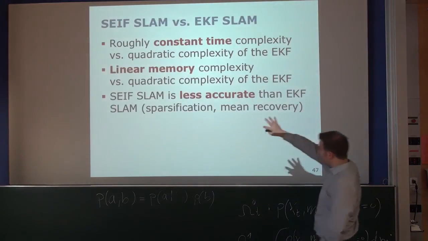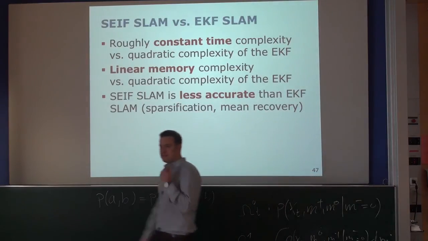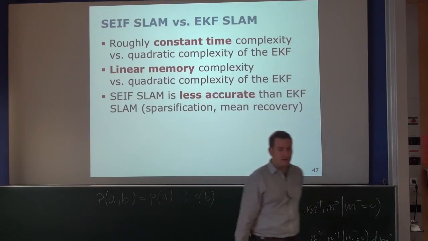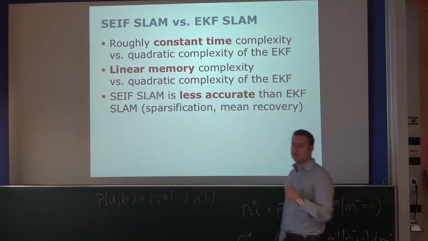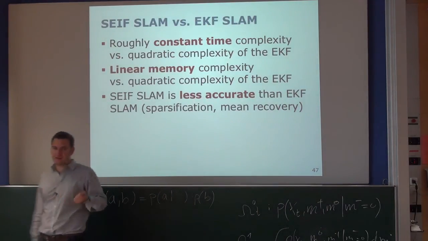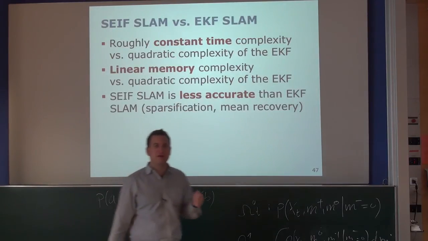Okay, if you now compare SEIF-SLAM to EKF-SLAM, we have a roughly constant time algorithm. I say roughly because it's not exactly constant time due to the recovery of the mean, with the quadratic complexity for the EKF. So this is a great improvement in terms of computational resources that I need to spend for every update step. It's not quadratic in the number of landmarks anymore, it's constant.